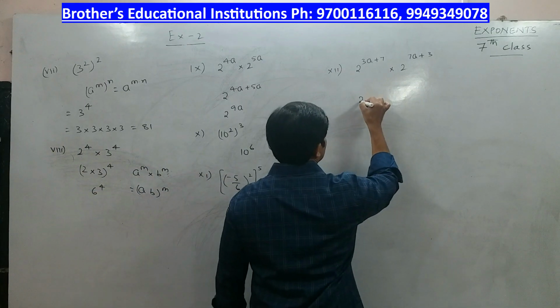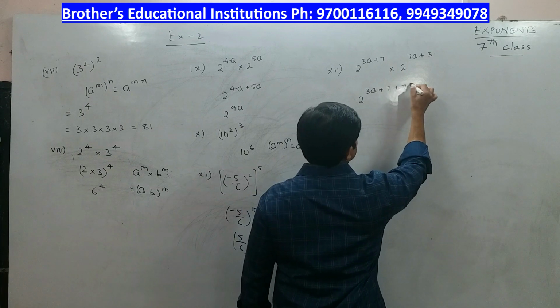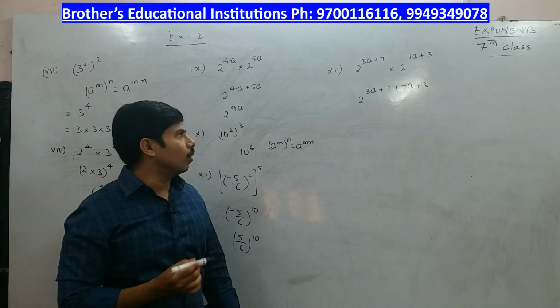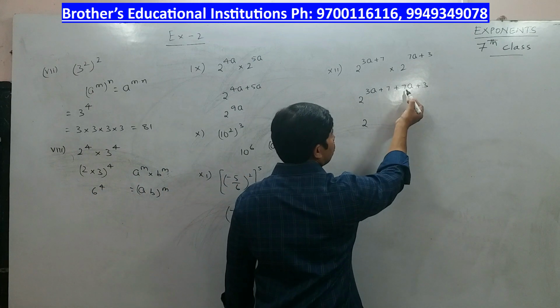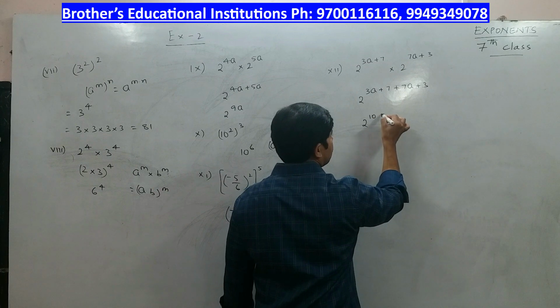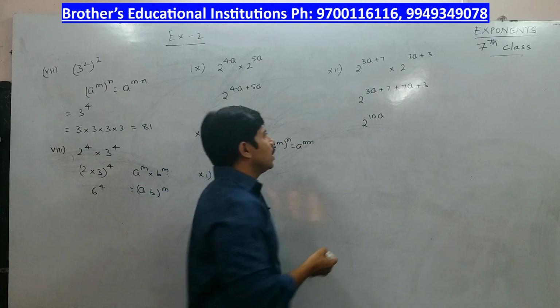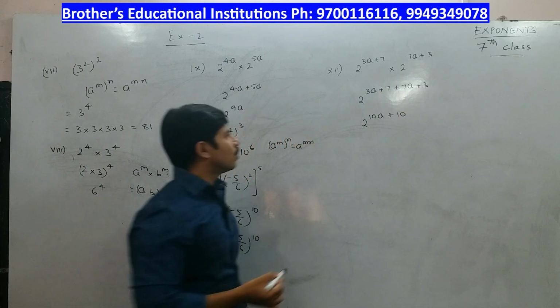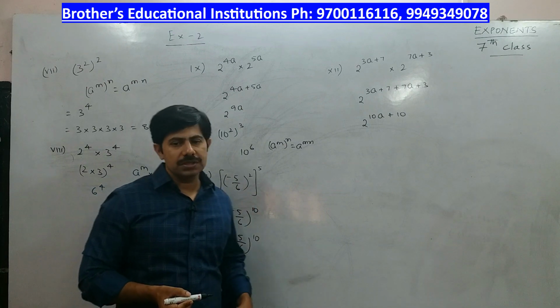So 2 to the power of 3a plus 7 plus 7a plus 3. We have added all the powers. So 3a plus 7a is 10a, plus 7 plus 3 is 10. So what is the answer? It is 2 to the power of 10a plus 10. Okay, so this is completed.